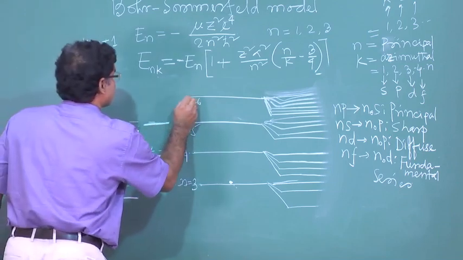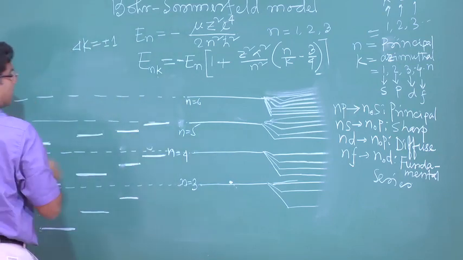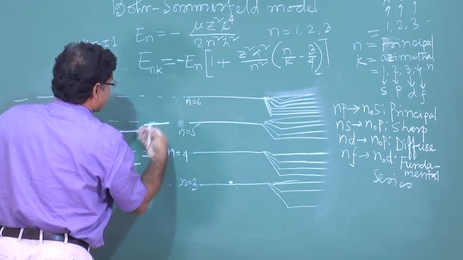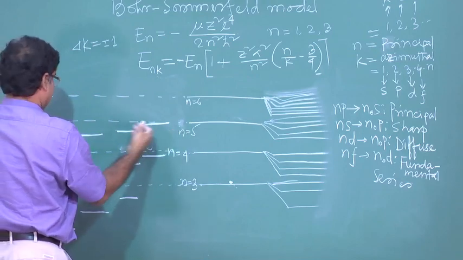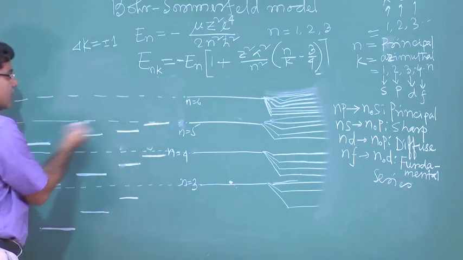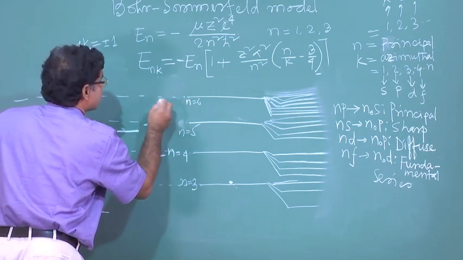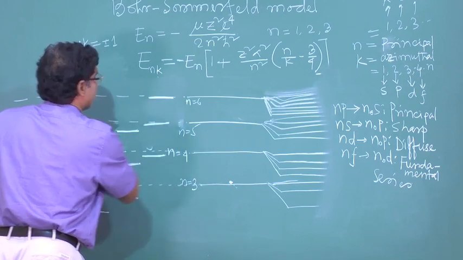Similarly, n equal to 6 also. I do not need higher ones. So, there are 5, but here I have drawn 4: S, P, D, F.